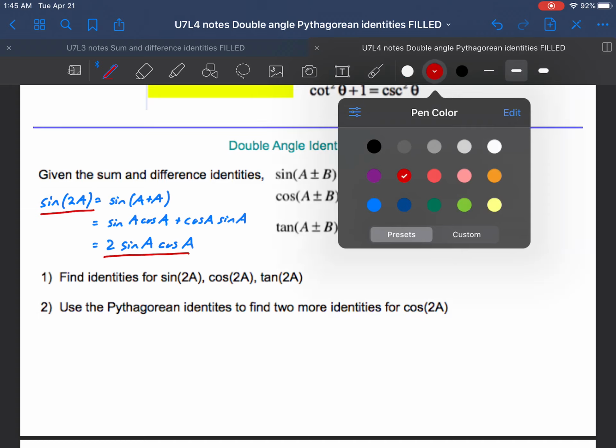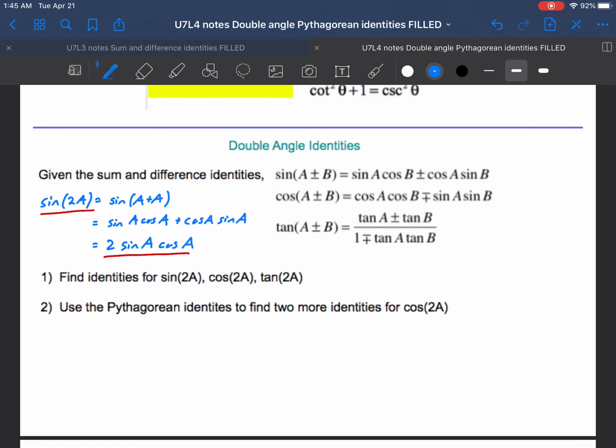Okay, we're going to do the same thing for cosine 2a. So we'll say that cos 2a is equal to cos a plus a, and that's equal to cos a cos a minus sine a sine a.